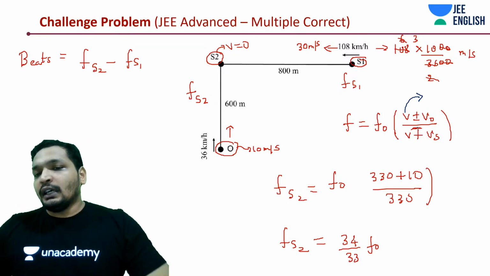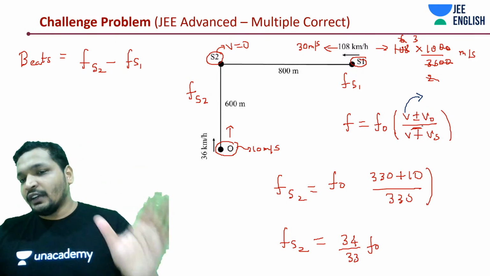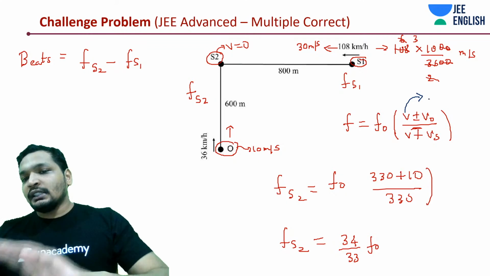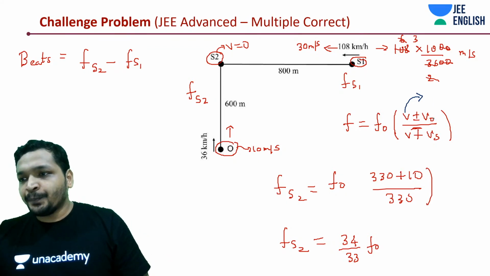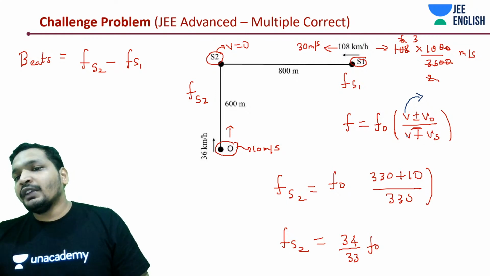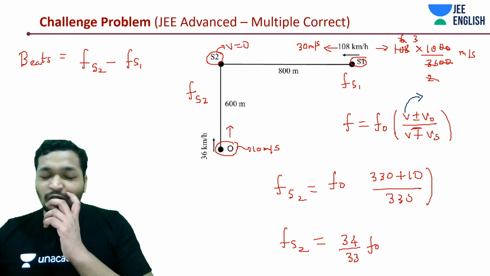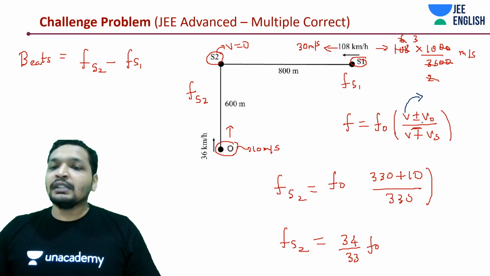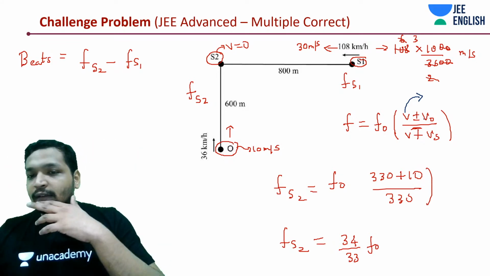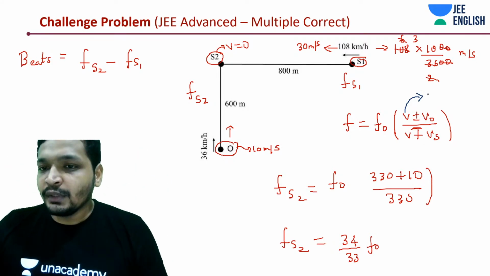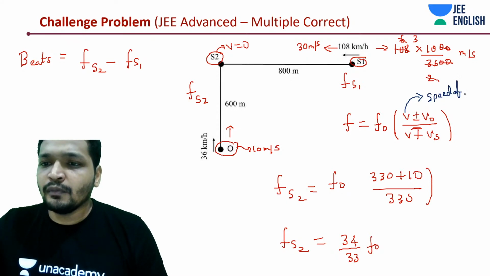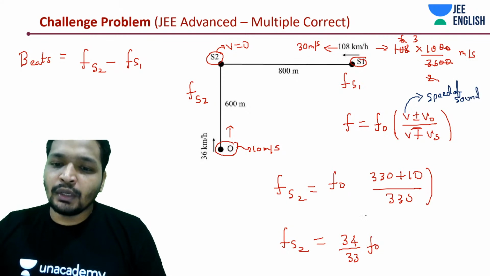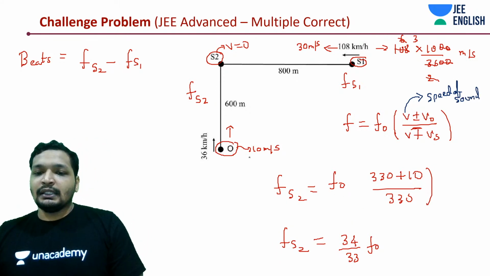We'll derive this equation, but the thing is, this is the form of the equation: v plus or minus the observer speed, and v minus or plus the source speed. If moving towards each other, then increase in frequency. This is the speed of sound. So yes, that is it.